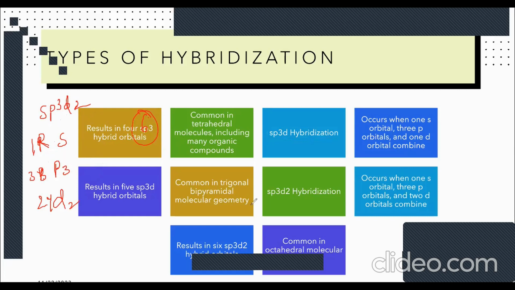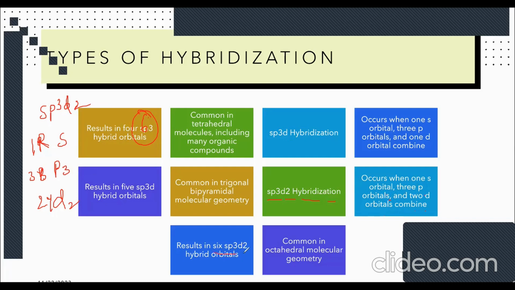So 1 s orbital, 3 p orbitals and 2 d orbitals combine, sp3d2 hybridization.